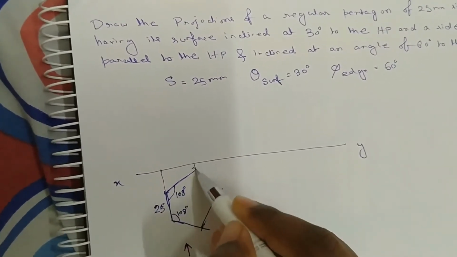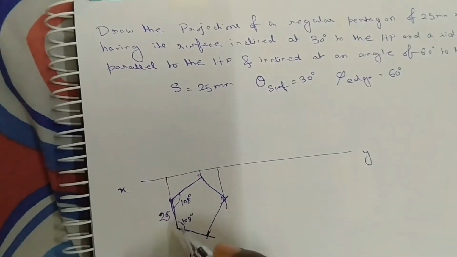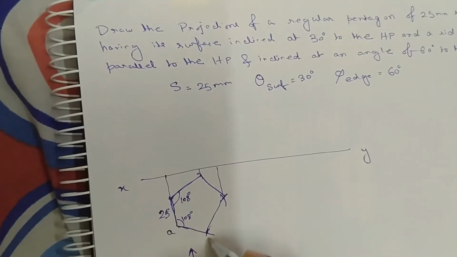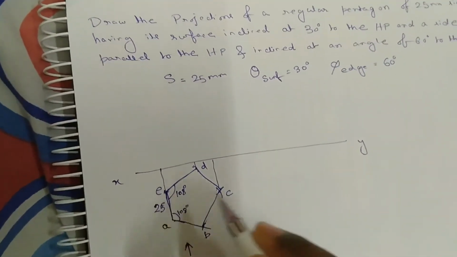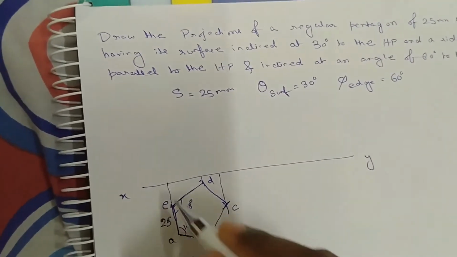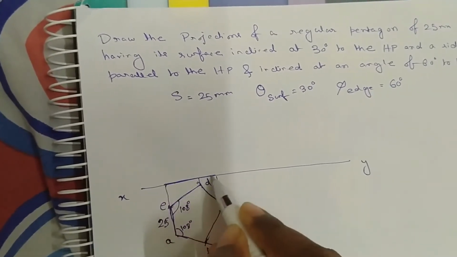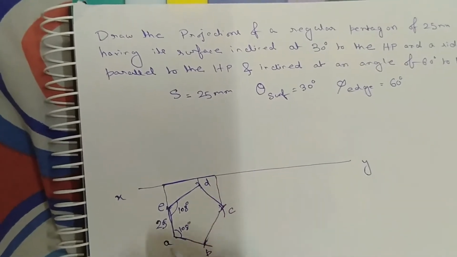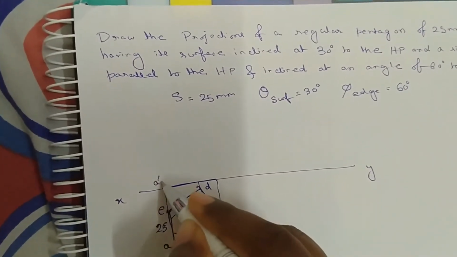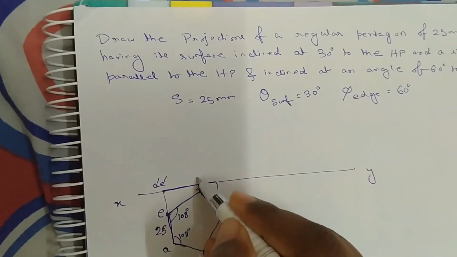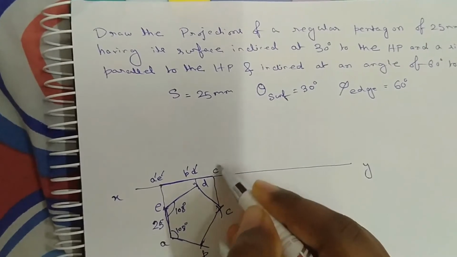Here we are going to project that point. Okay, first let me specify these points: A, B, C, D, E. So after extending these points, we will get a straight line only, and these points will be A dash, E dash, B dash, D dash, and this is C dash.